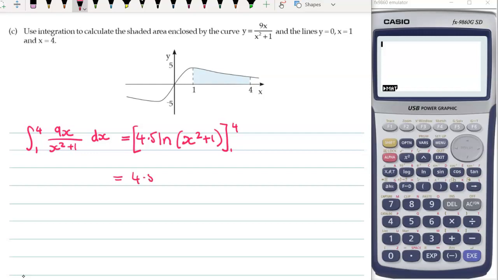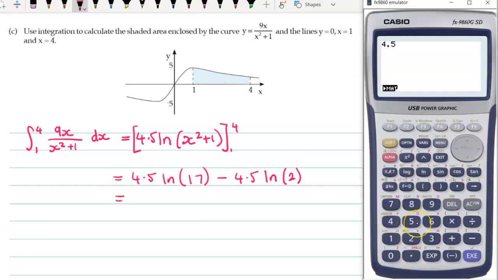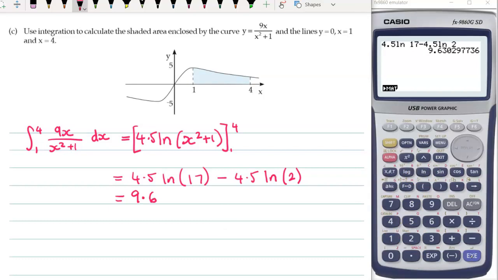So we've got 4.5 ln of x squared plus 1, when x is 4 that is 17, minus 4.5 ln of, when x is 1, that's going to be 2. Okay, so 4.5 ln 17 minus 4.5 ln 2 is 9.63 units squared.